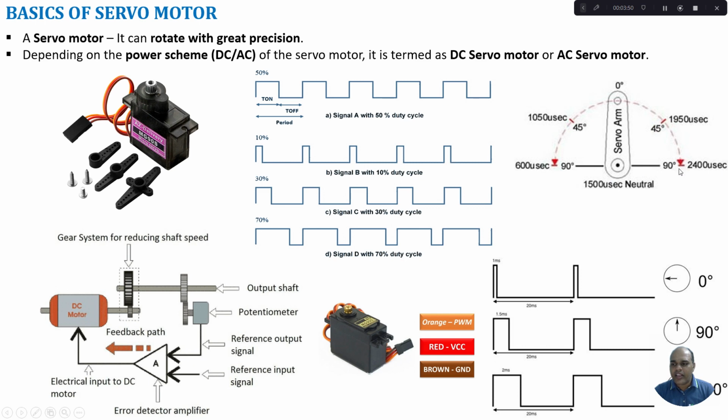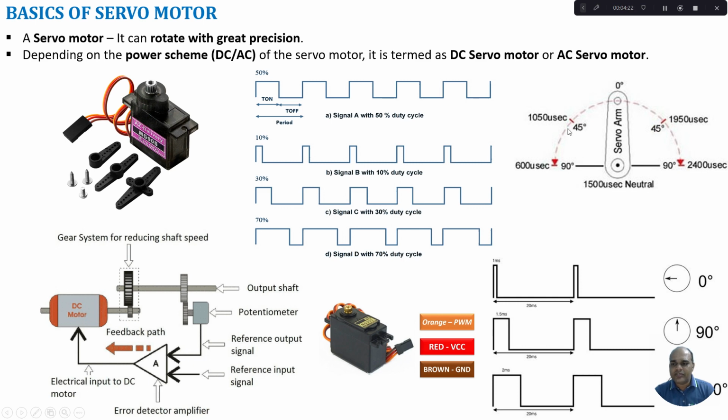If my on time is 2400 microseconds, the shaft moves to plus 90 degrees. So the total 180 degree movement requires a deviation of about 1800 microseconds: 2400 microseconds minus 600 microseconds. Then for 1 degree, it will be 1800 divided by 180, which is 10 microseconds.